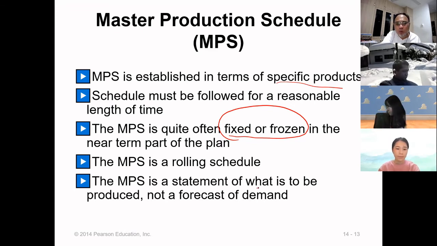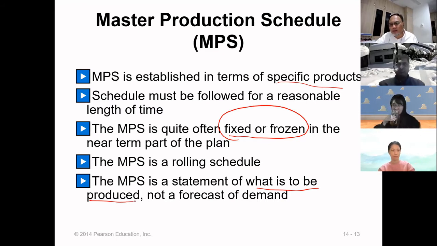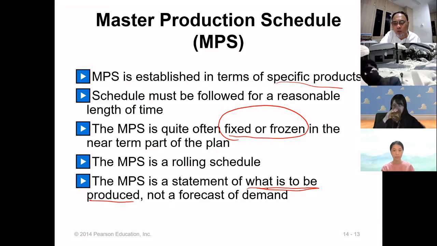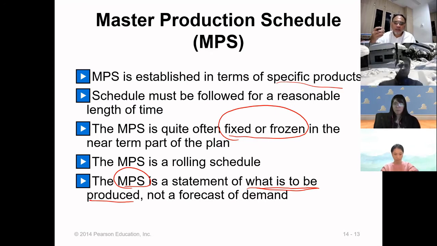It is a statement of what is to be produced. I hope you can follow what I'm saying. What MPS is, how many to produce, because this quantity will meet the demand. Customer orders, for example, you're going to produce 1,000 cars for next month.